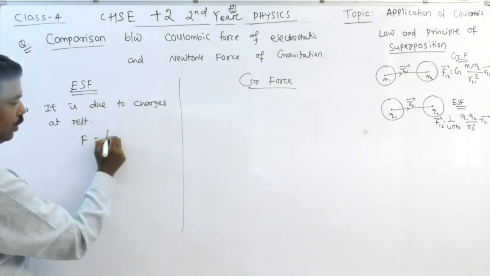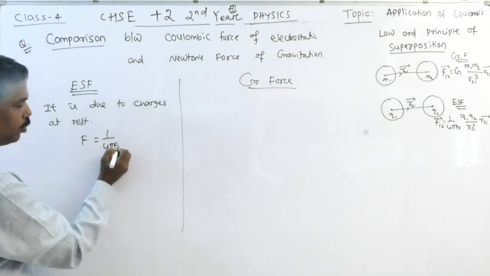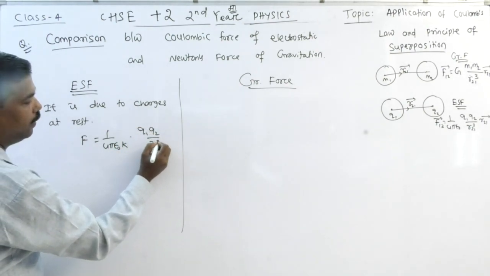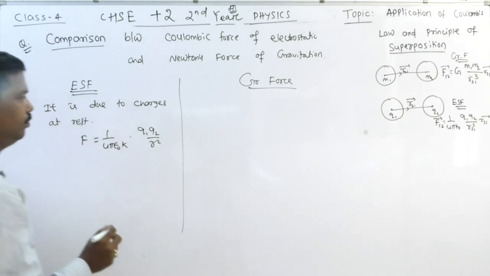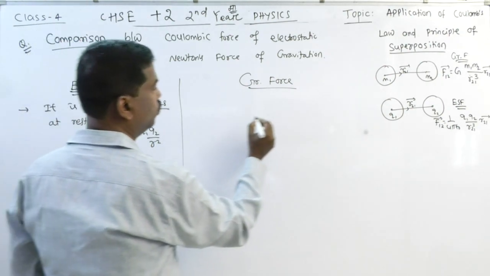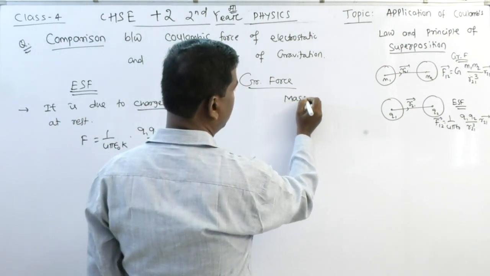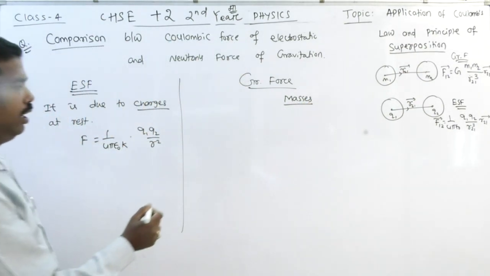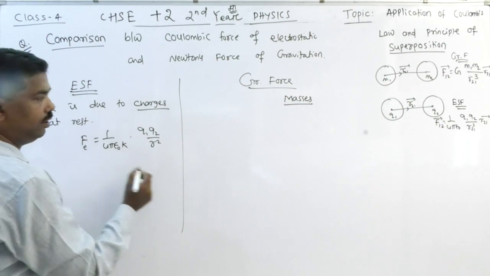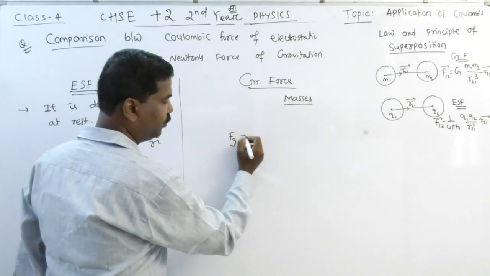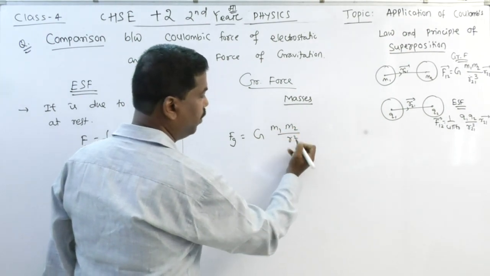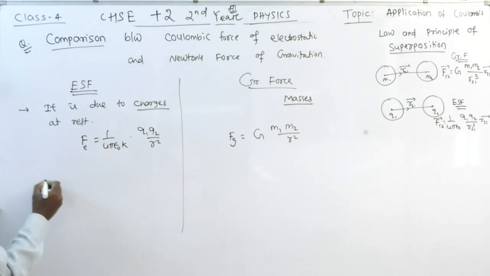This force is F equal to 1 by 4 pi epsilon 0 into Q1 Q2 by r square. Clear? The gravitational force is due to the masses of the two bodies. I can write it as Fg equal to G m1 m2 by r square.